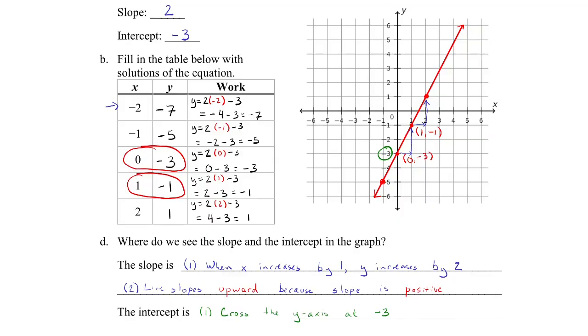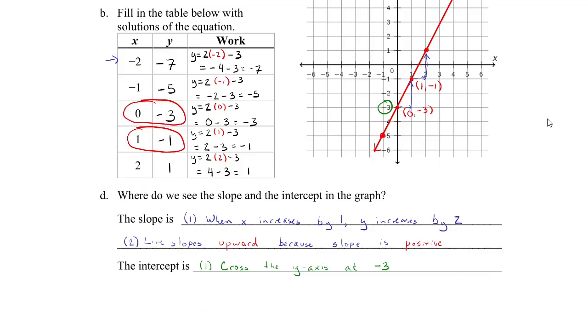And more generally, we're crossing the y-axis at a negative value. In other words, more generally, we see that our line crosses the y-axis below the x-axis because our intercept is negative.